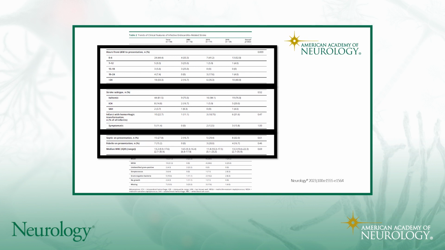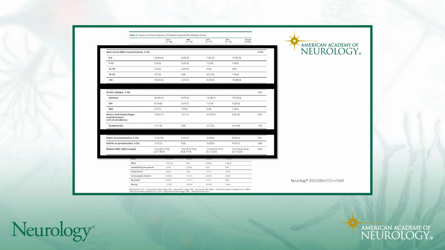It seems that most of these patients had a somewhat insidious presentation of their infective endocarditis, with only about 15% presenting with fever, and the group overall presented with just mild leukocytosis. Neurologic decline was quite common in this group, occurring in about 40% of the endocarditis patients across the study period.